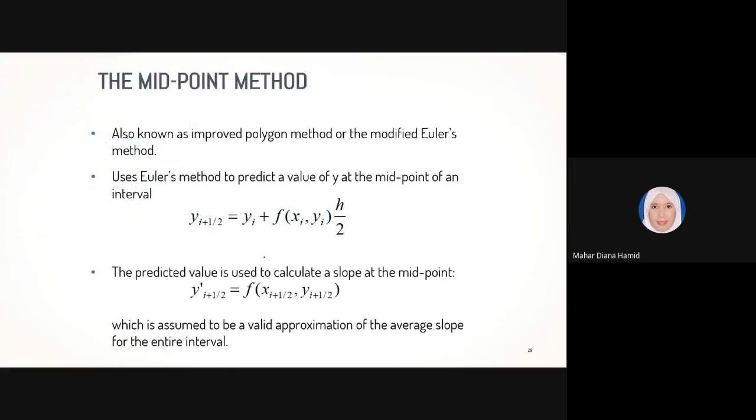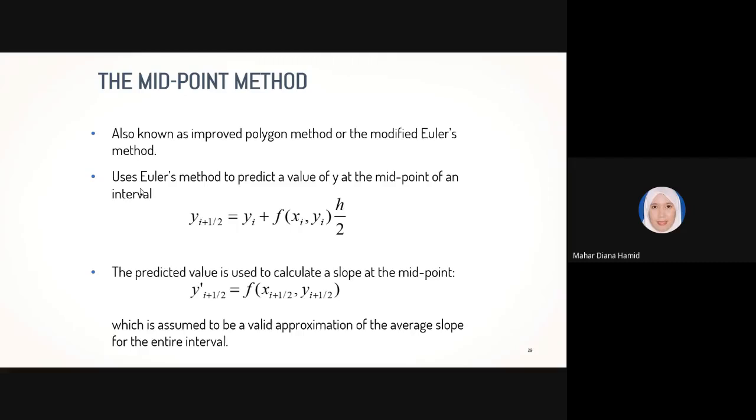So this is for Heun's method. The next method that we are going to learn is the midpoint method, also known as the improved polygon method or the modified Euler's method. It uses Euler's method to predict a value of y at the midpoint of an interval. Previously, in Euler's method, we only had one slope, used to extrapolate the value of yi plus 1.